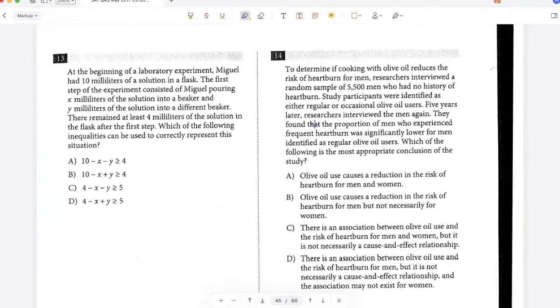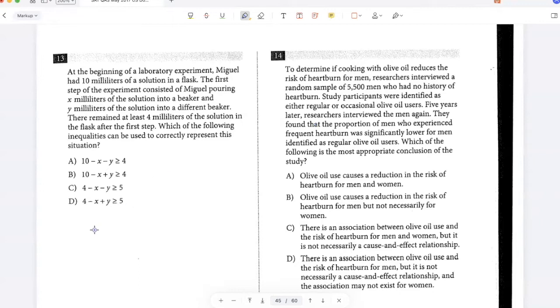At the beginning of a laboratory experiment, Miguel had 10 milliliters of a solution in a flask. The first step of the experiment consisted of Miguel pouring X milliliters into a beaker and Y milliliters into a different beaker. There remained at least 4 milliliters of the solution in the flask after the first step. Which of the following inequalities can be used to correctly represent this?